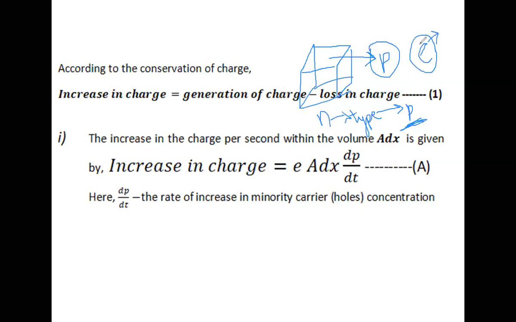That means we already have these electrons in large number. Let us say an ocean of electrons is present. Because of generation, transportation or recombination, there will be a slight change in the concentration of electrons. That means you are removing or adding a small bucket of water to the ocean.